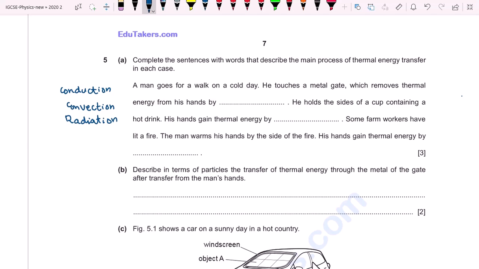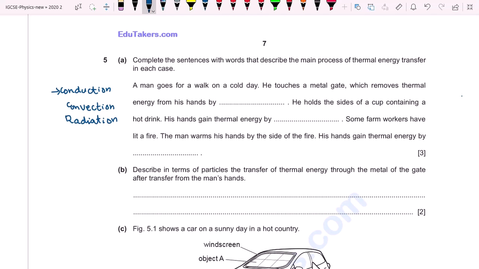So first of all, we discuss what is conduction. Conduction is a process in which energy is transferred due to the movement of the free molecules in the container. So if we consider a gas, we know that a gas contains a large number of free electrons, and when they collide with each other, they transfer energy.